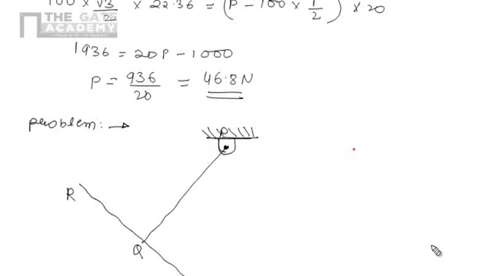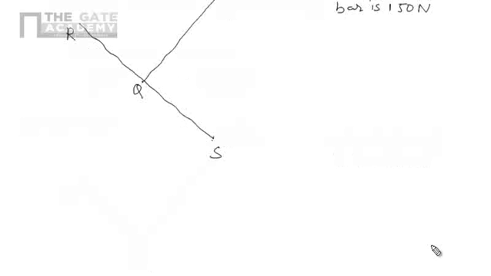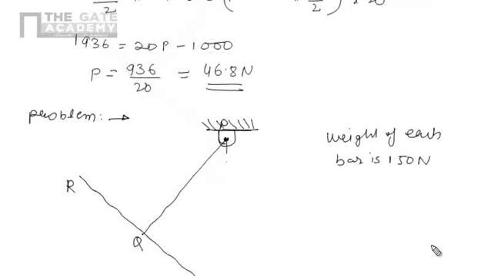The weight of each bar is 150 Newton. Now at point S a 200 Newton load is there. Now we have to find out the value of theta. So our interest is to find theta.